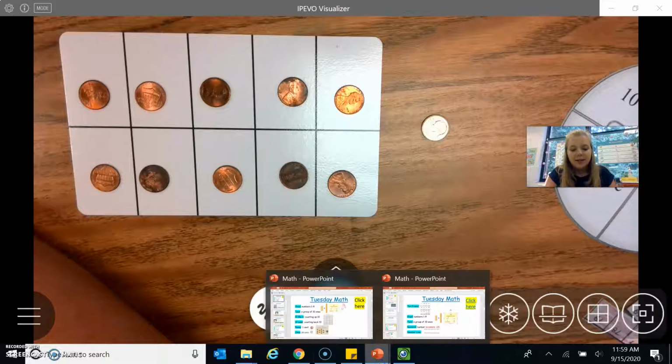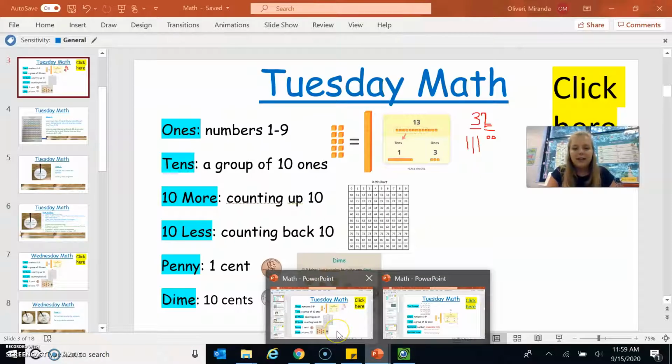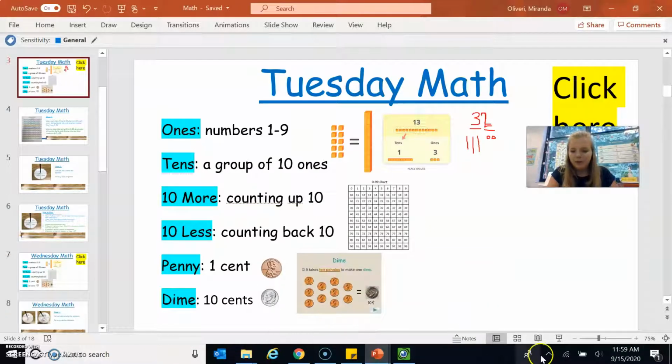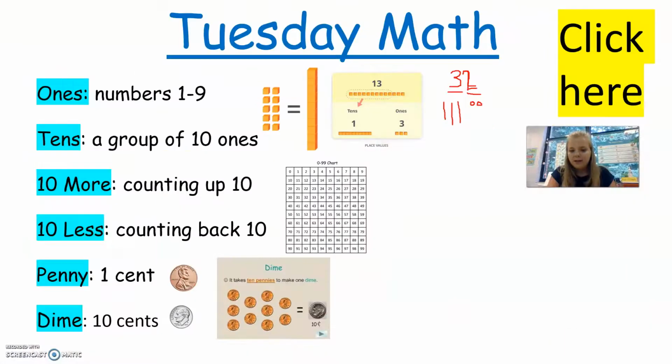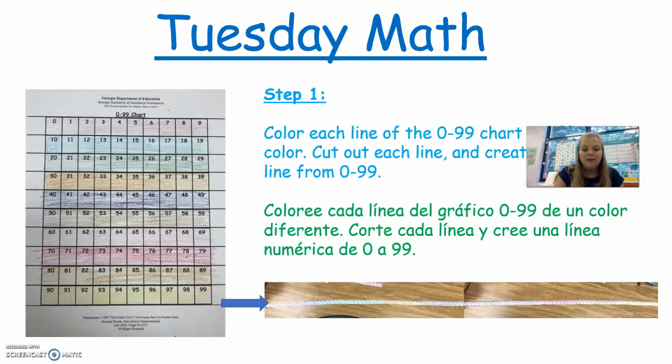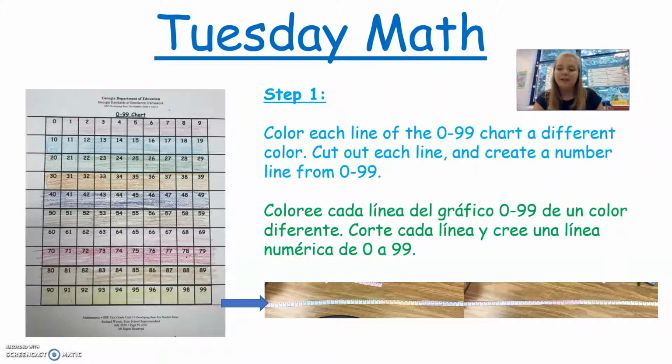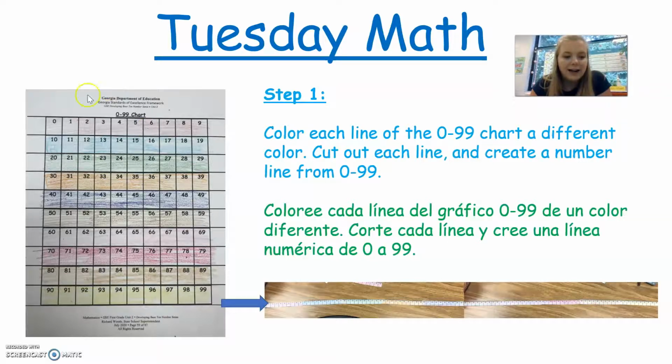All right, today we're going to play a game. Step 1, the first thing you need to do before we play this game is you need to find this in your packet, okay? And you need to color each line a different color.